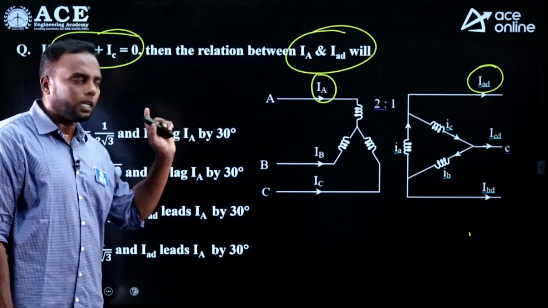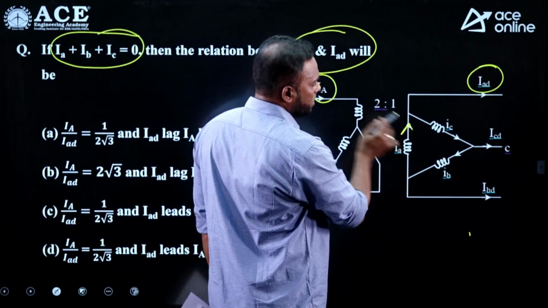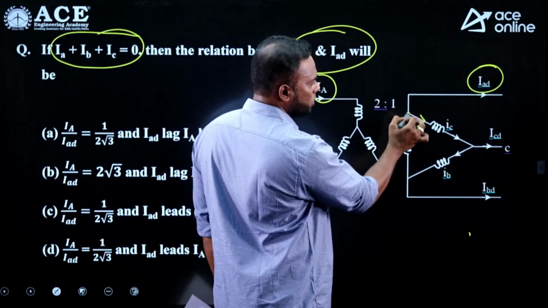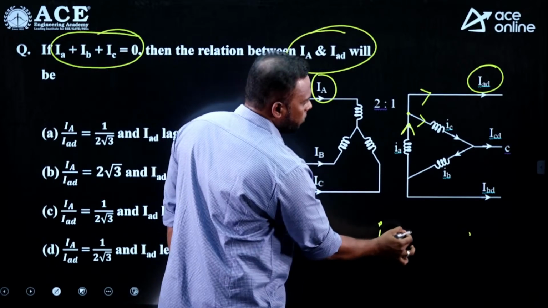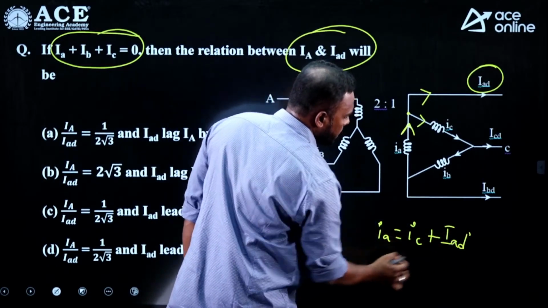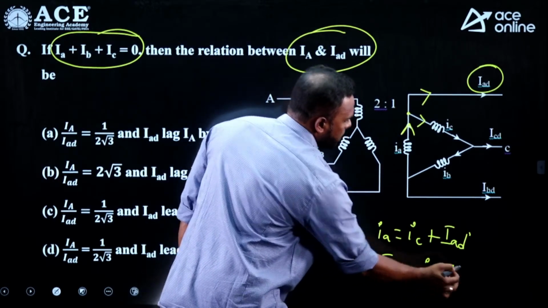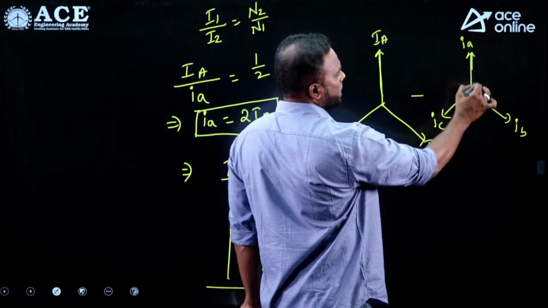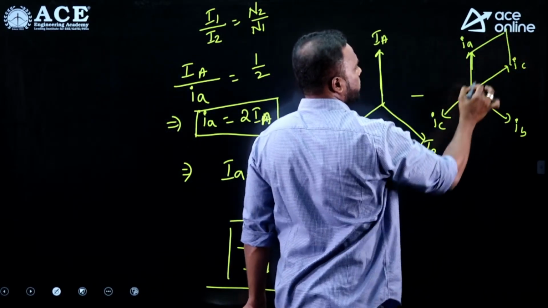Iad means secondary line current. You see this here. According to KCL, this Ia is coming towards this node, and here Ic is going outside this node, and this is also going outside. So incoming current Ia equals outgoing currents Ic plus Iad. Now what is Iad from here? Iad equals small Ia minus Ic. Now Ia minus Ic, this is Ia, minus Ic will be this, then the resultant will be this one.